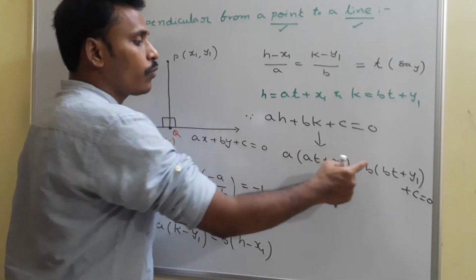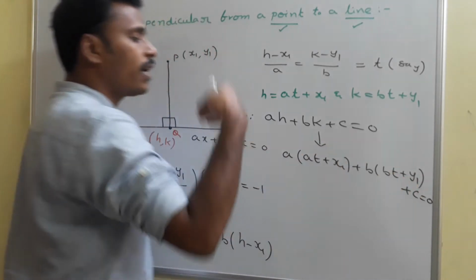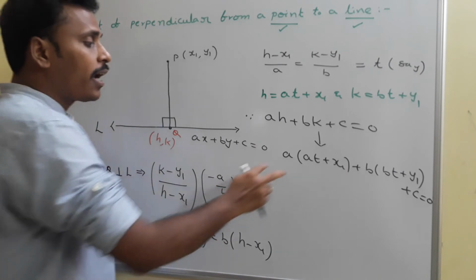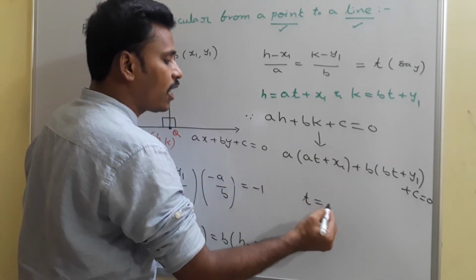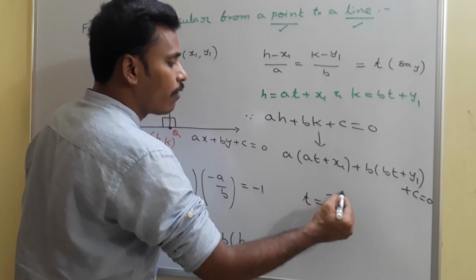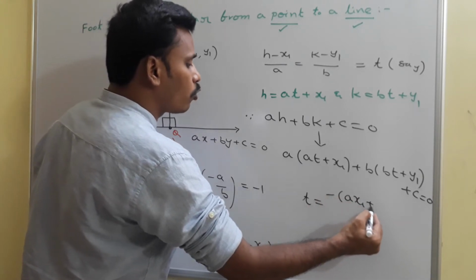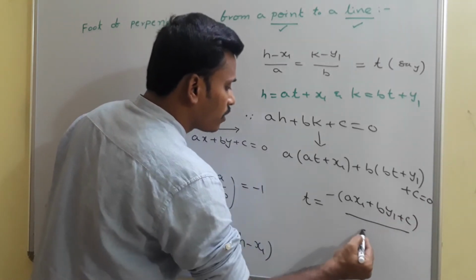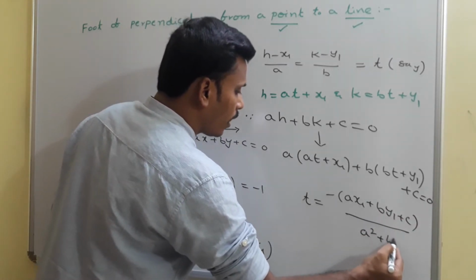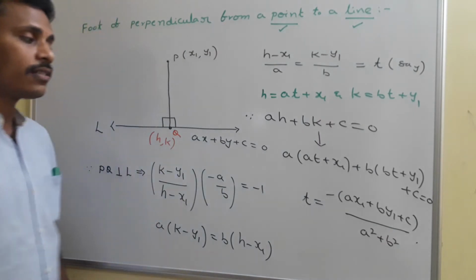See, a into x1, b into y1 plus c. Send these three terms that side. And here you have a square t and b square t. So you just take t out and then make t the subject. From there you will get that t is equal to minus (ax1 plus by1 plus c) divided by (a square plus b square). There is the task.